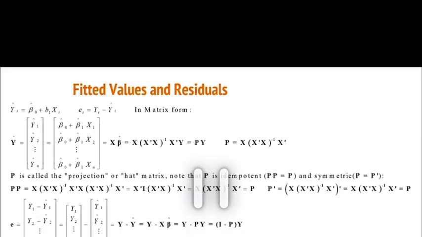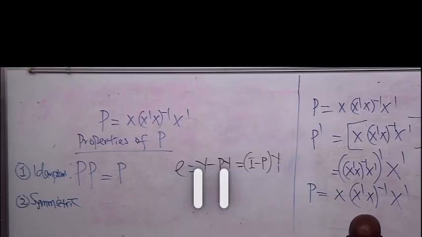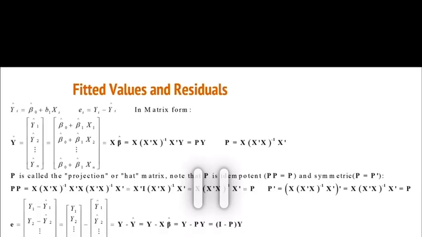When you investigate, take a look at this. I want to show that the expected value of error equals 0. I have to take into consideration the characteristics of the projection matrix, because it's one of the assumptions. Now, let's see how it's going to happen. What is error? Error is I minus P multiplied by Y. Can you see that?